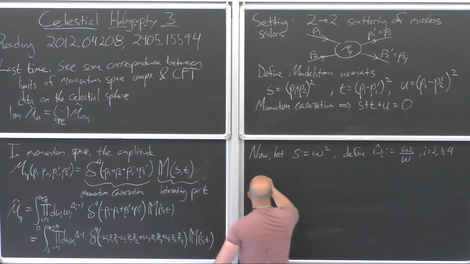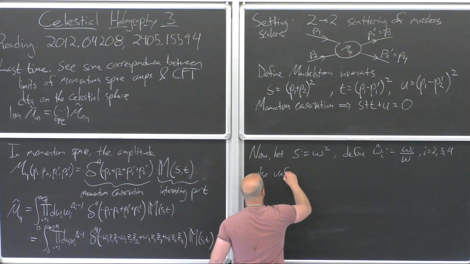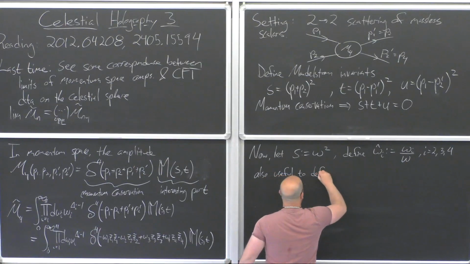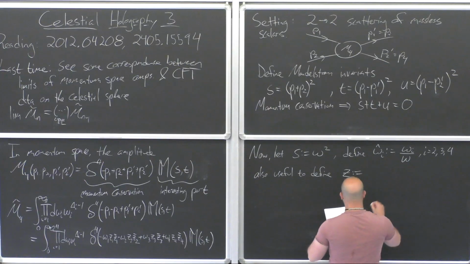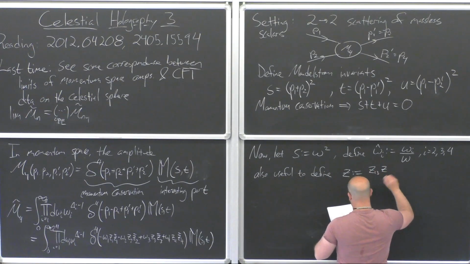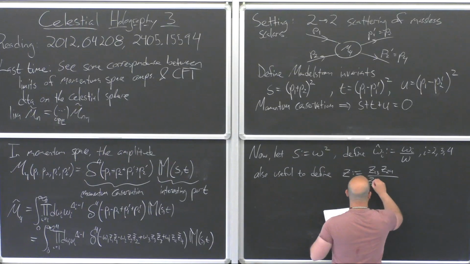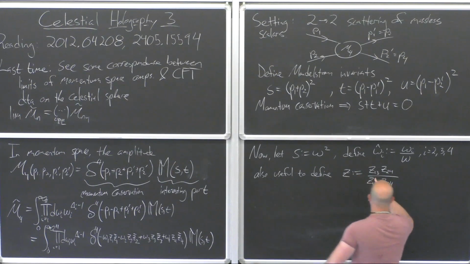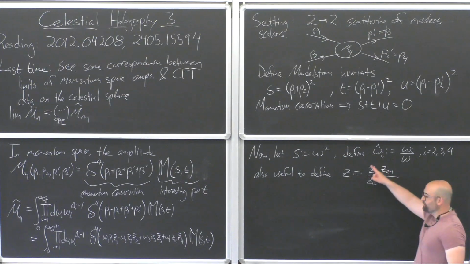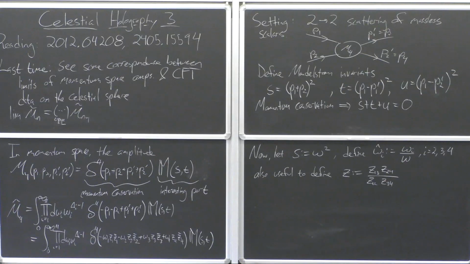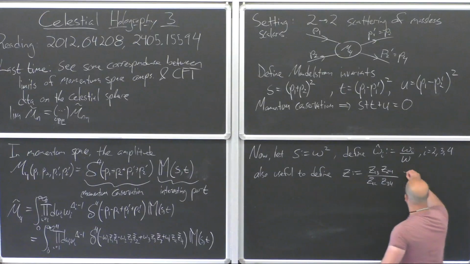And then it's going to be useful to define a quantity, which I'll call Z, which is just a conformally invariant cross ratio. Z13 Z24 over Z12 Z34, where remember Zij is Zi minus Zj, which is equal to the angle bracket Zi, Zj. So this is built out of holomorphic separations on the sphere, and importantly, it's SL2 invariant, because I could build this thing out of angle brackets.